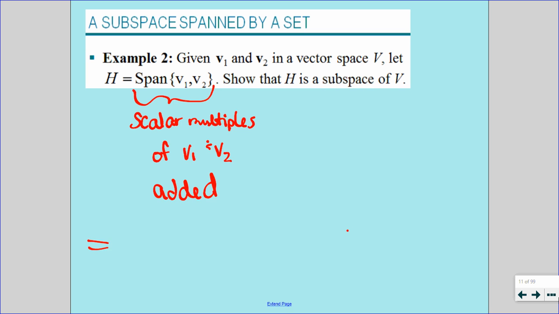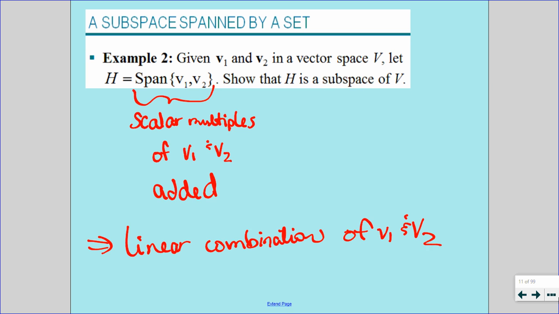Or in other words, it is a linear combination of V1 and V2. That is what a span is.